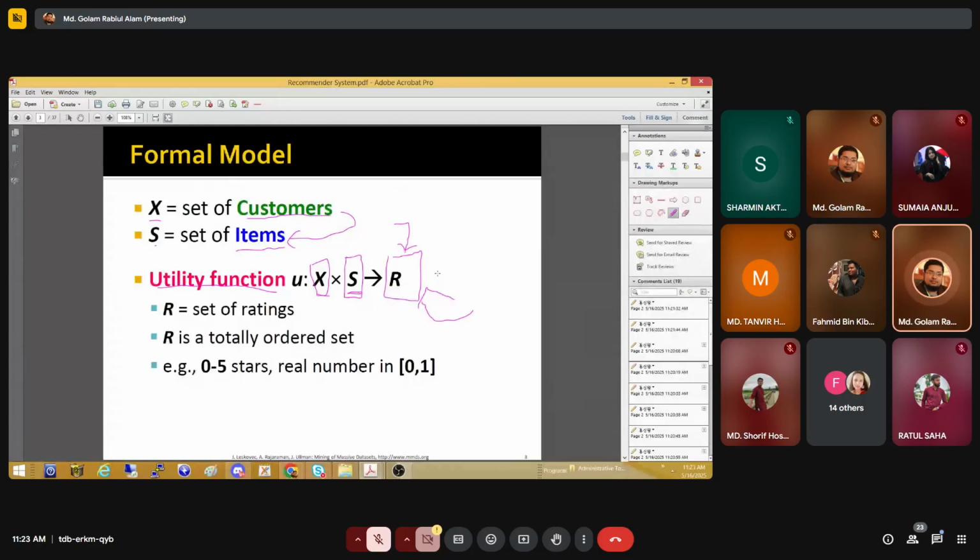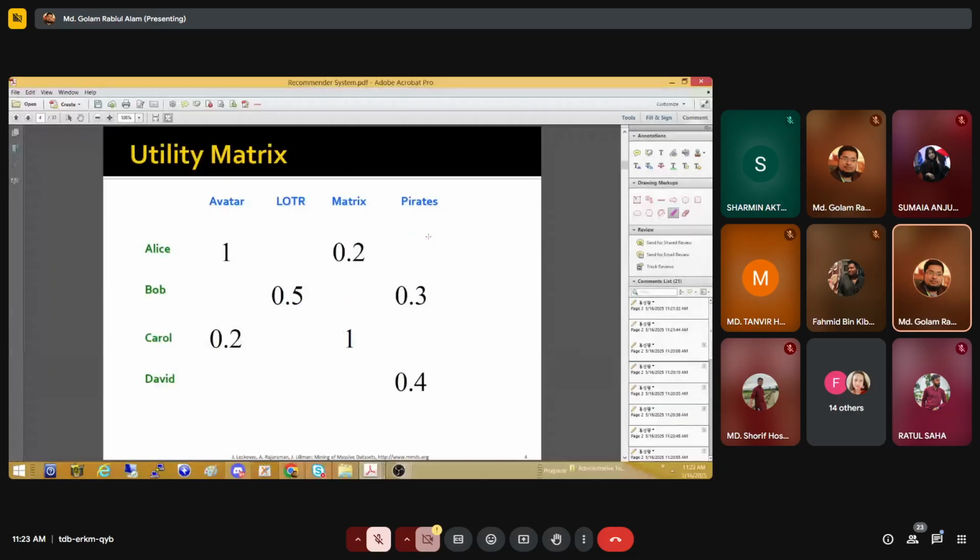If the predicted rating is low, nearly zero, there is no need to recommend that book to that user. So we want to find the utility function based on the user and the items. That is the problem we want to solve in recommendation systems.